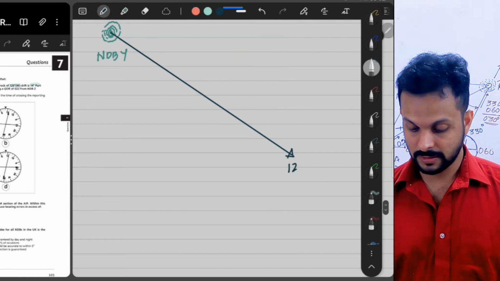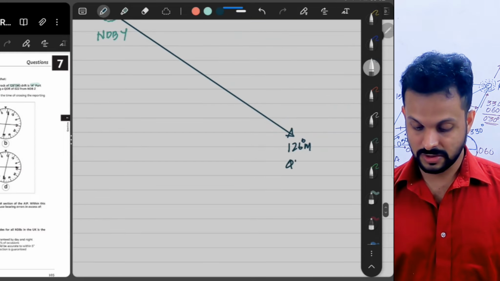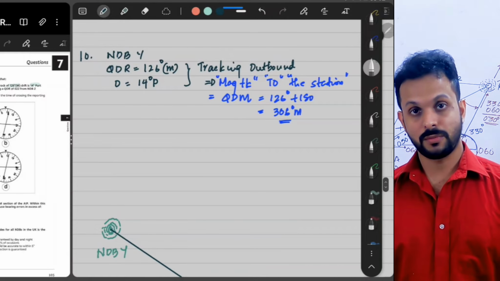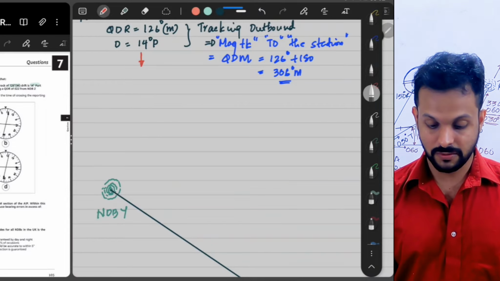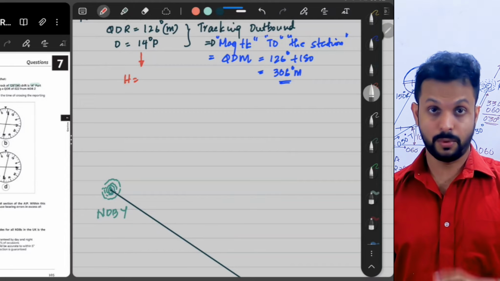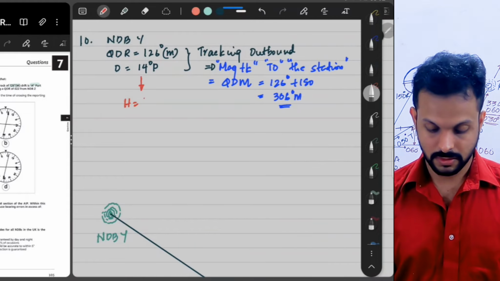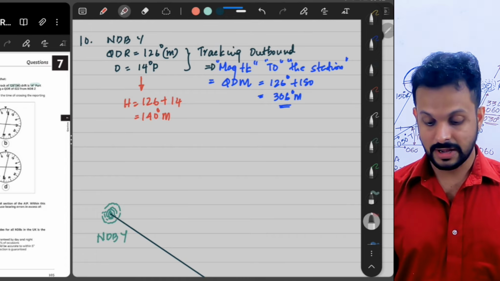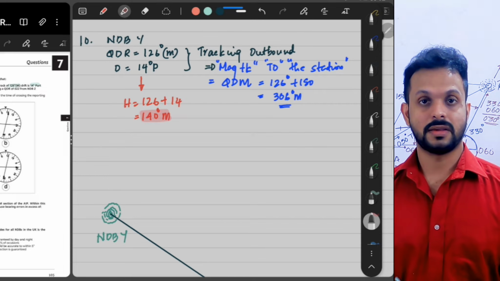So this is 126 degrees magnetic outbound, and that is the QDR from the station, right? The aircraft is having 14 degree port drift moving outbound. You have a track of 126 degrees, and with 14 degrees of port drift, what you can derive is the magnetic heading. Since it's a port drift, your heading is always going to be 126 plus 14, and that's going to be 140 degrees. Remember, for RMI indications, your heading is a critical element in picking up the answer, because the head of the RMI indication is the heading itself.